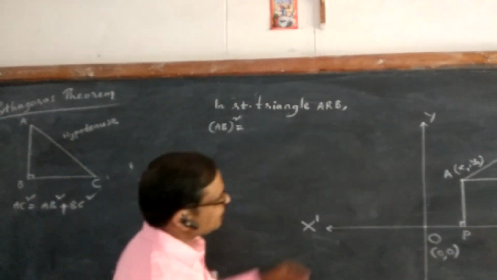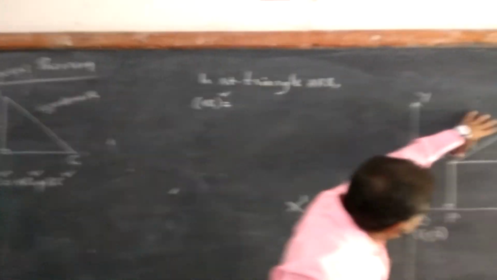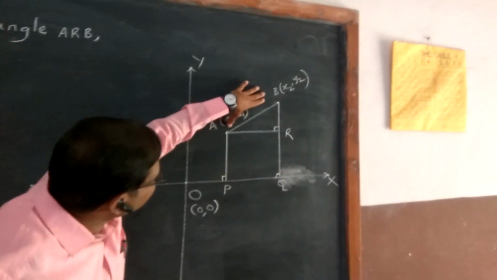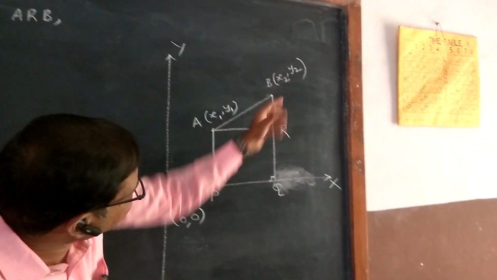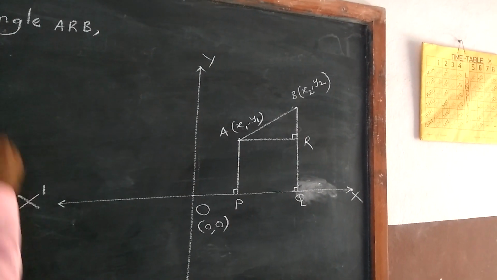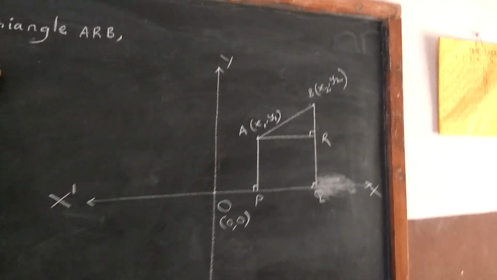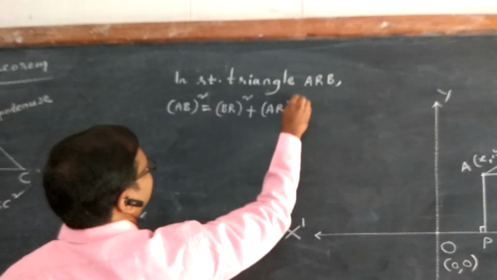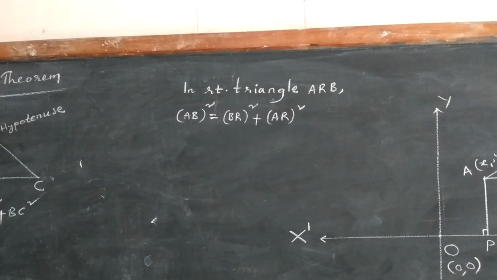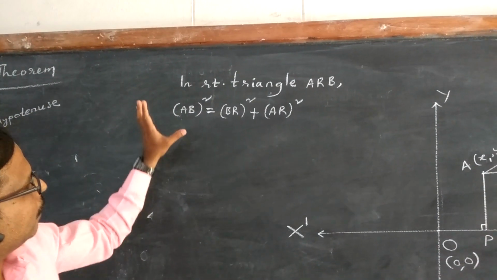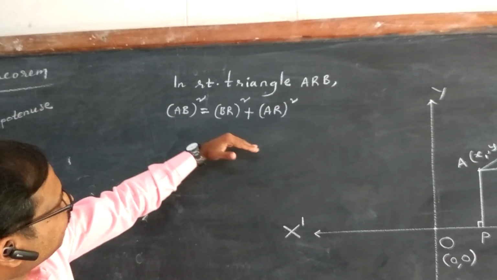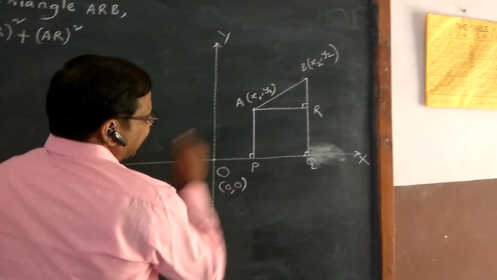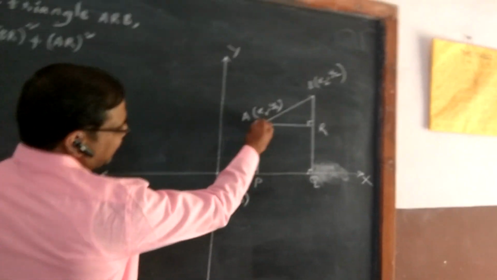In right triangle ARB, apply the Pythagoras theorem. What do you get here? AB square is equal to, what is the hypotenuse here? AB. So AB square is equal to BR square plus AR square. Now, can you say what this distance is, from A to B?